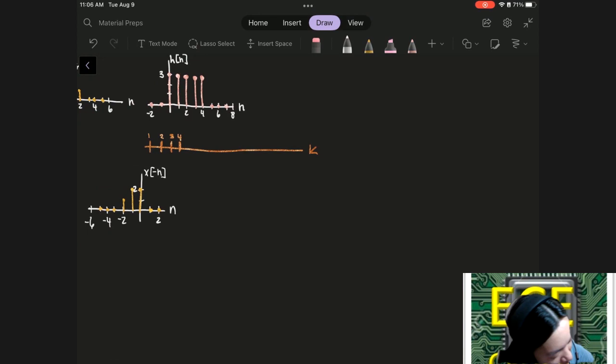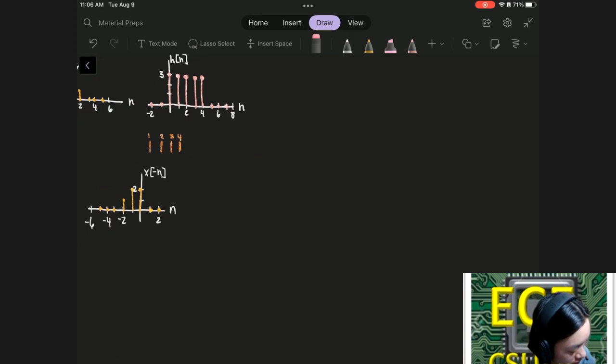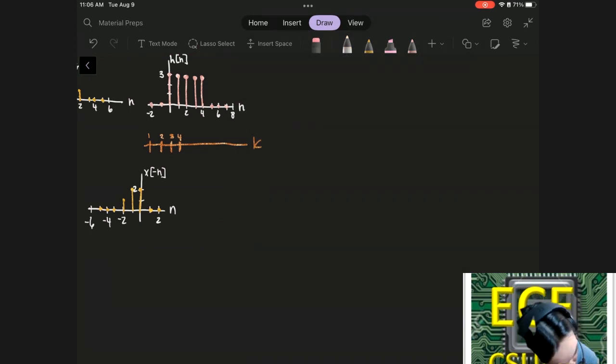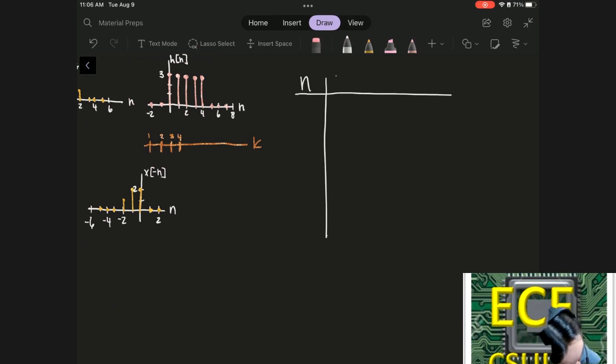I'm going to make this a little shorter so I have more room to write my table. So this is n, and then this is going to be y of n.